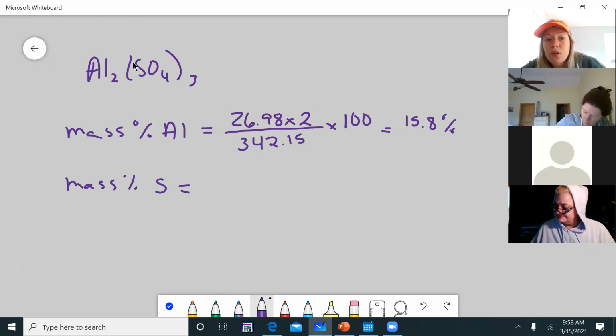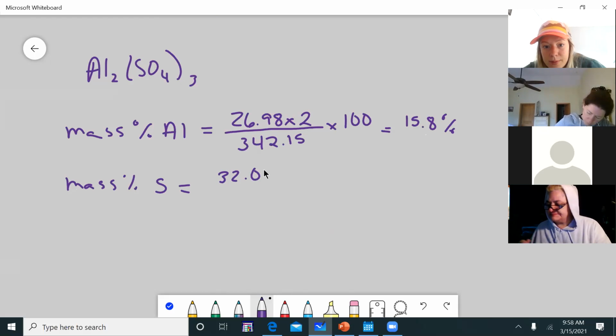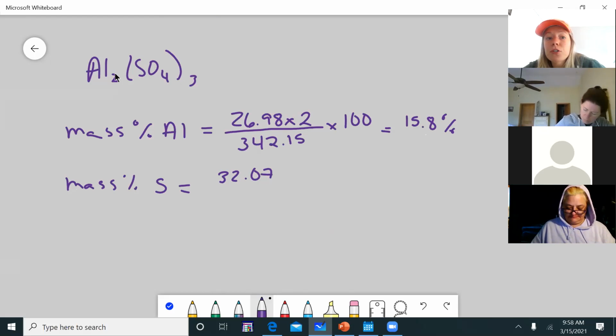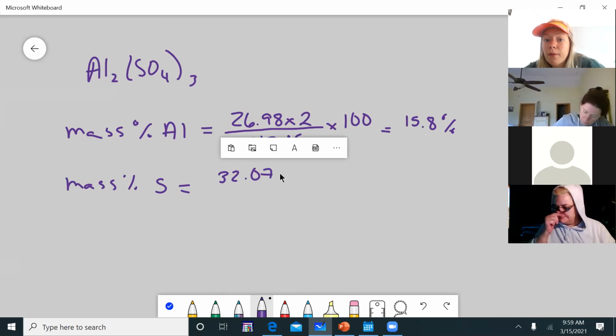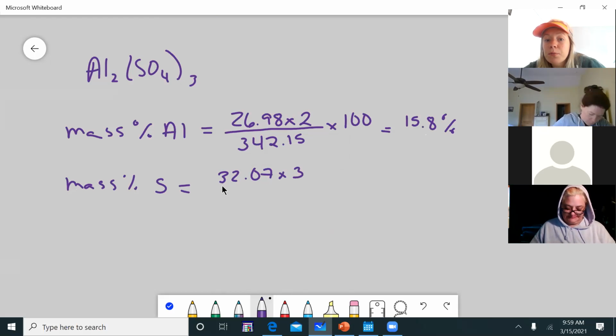So the mass percent for sulfur, well, sulfur has a different molar mass, right? It is 32.07. How many sulfurs do I have within each molecule here? I've got 3. So I'm going to multiply it by 3, and then I'm going to still divide it by the same total, right?